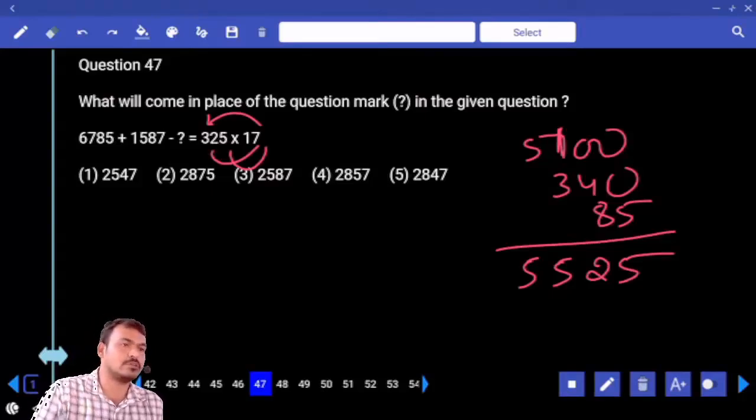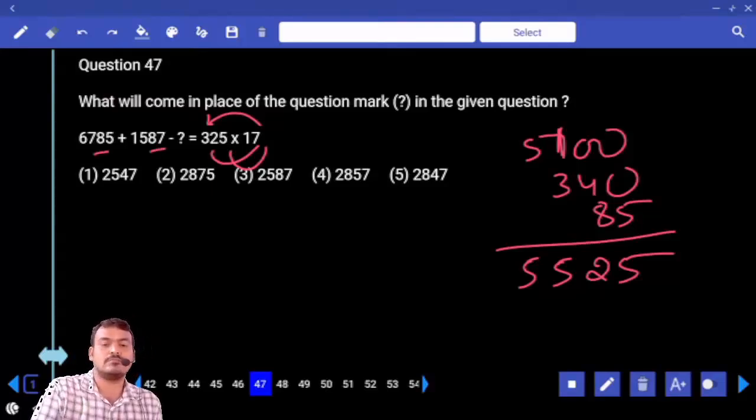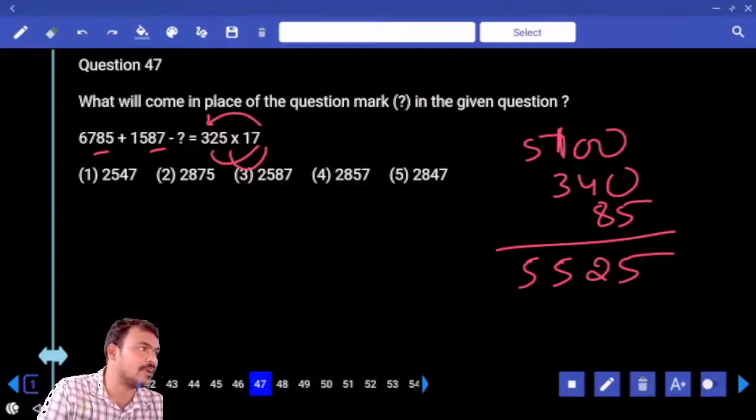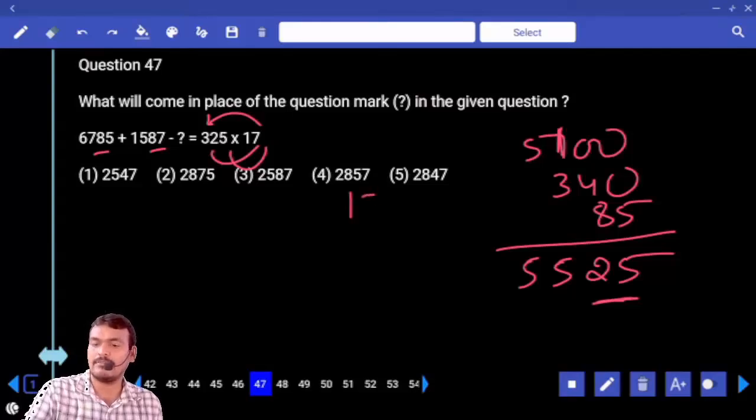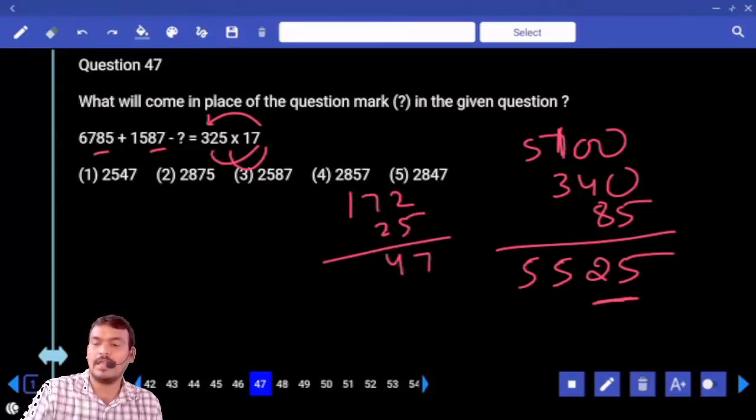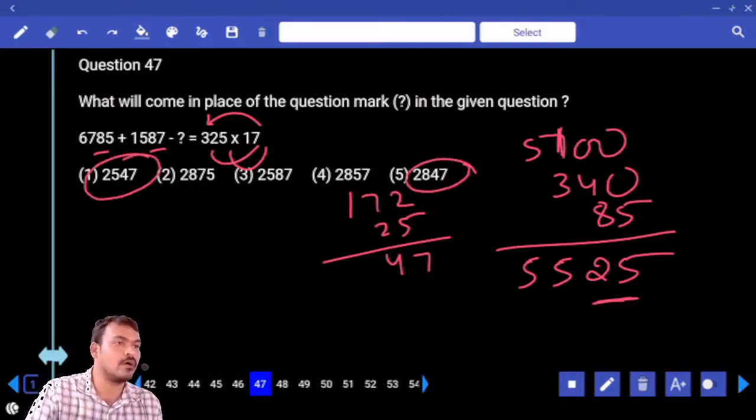Verify the last 2 digits. Okay. 85 plus 87. How much? 172. Out of 172 we are subtracting how much? 25. 172 minus 25. We are getting 47 or not? Ending with 47. How many options? 2 options or not? Okay.